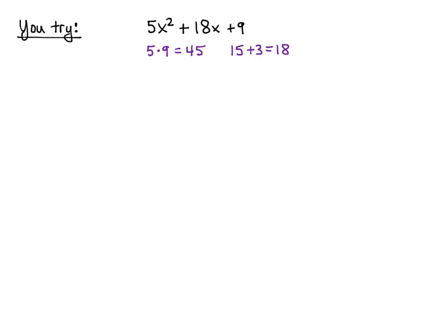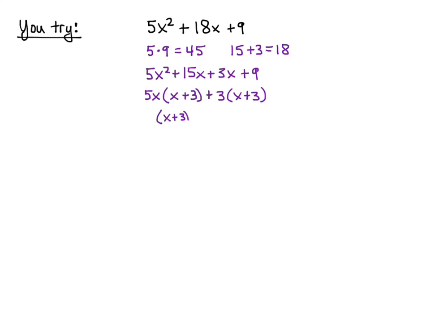And then notice that we're trying to get to 18. So we have 15 plus 3 is 18. And so we rewrite it. Factor by grouping. And then factor out the x plus 3. And there you go.